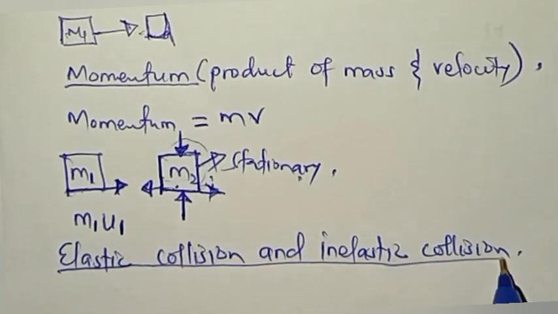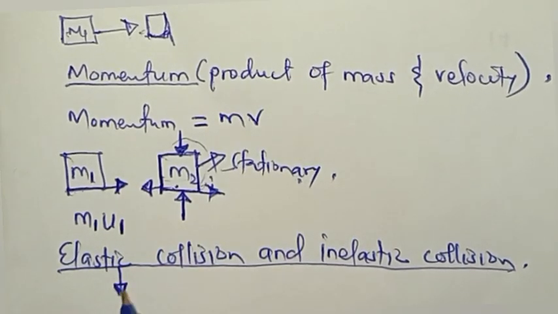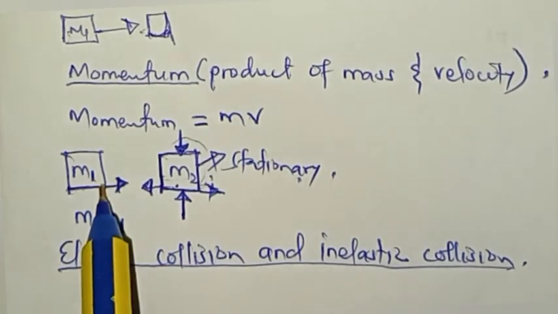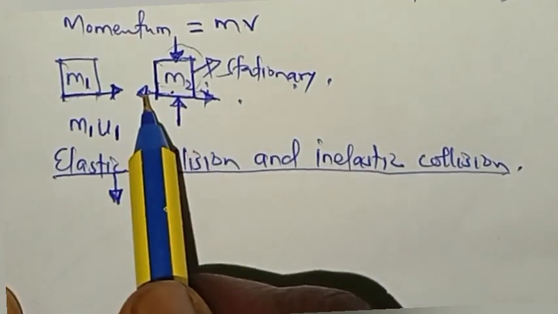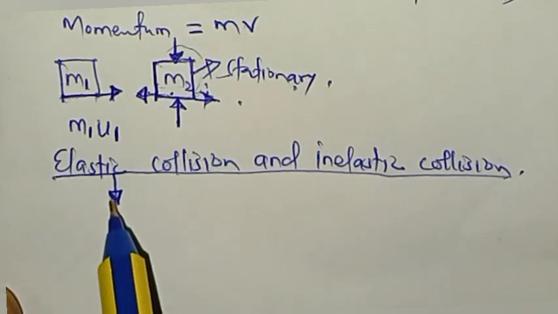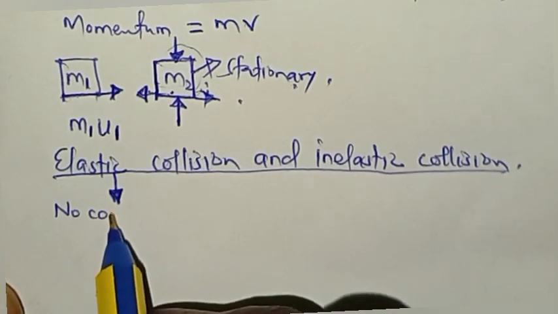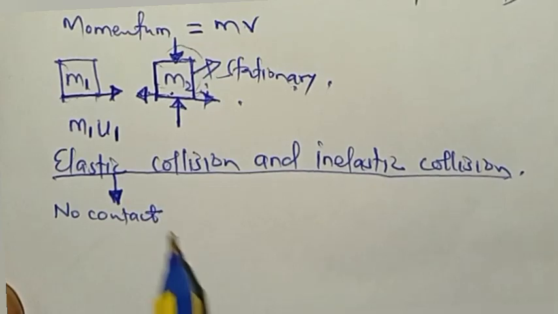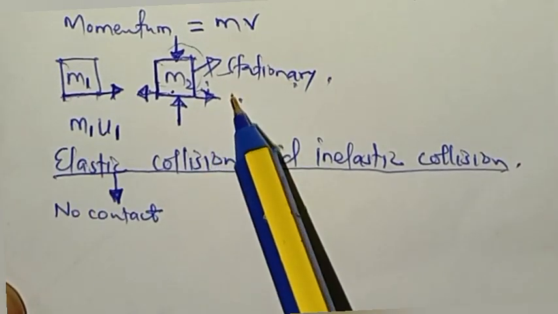So here, in elastic collision, when a body hits a stationary body, they don't become in contact. There is no contact here when a moving body hits a stationary body.